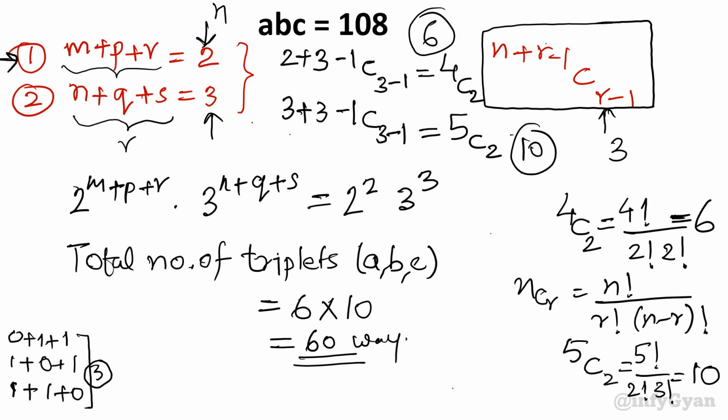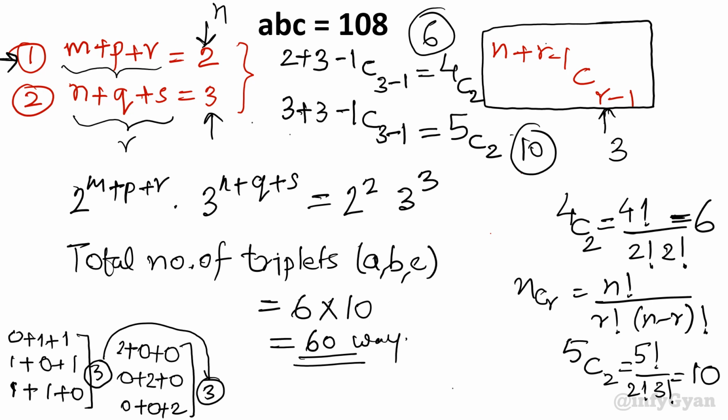Now if I take one number as 2, the remaining two are 0. So I will write 2 plus 0 plus 0, 0 plus 2 plus 0, 0 plus 0 plus 2, again 3. So for the first equation, there are 6 cases. Similarly, for equation 2, you will get 10 cases.